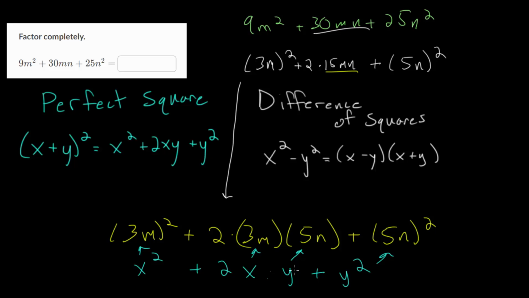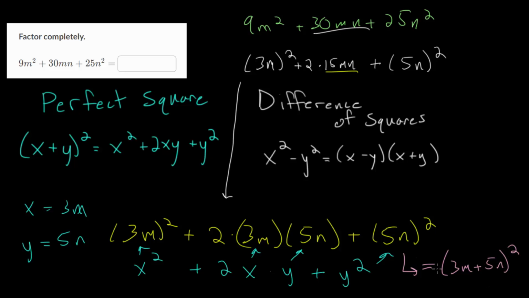And because we can do that, we can rewrite this now in its factored form as x plus y, squared, where we figured out that x is just 3m and y is 5n. So writing it in its factored form, we would have 3m, that's x, plus 5n, which is y. So 3m plus 5n, and we're going to square that.